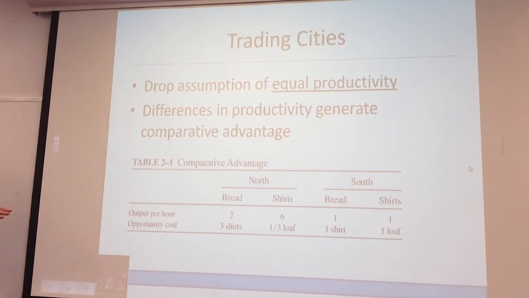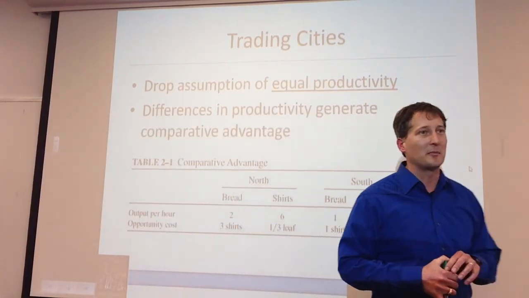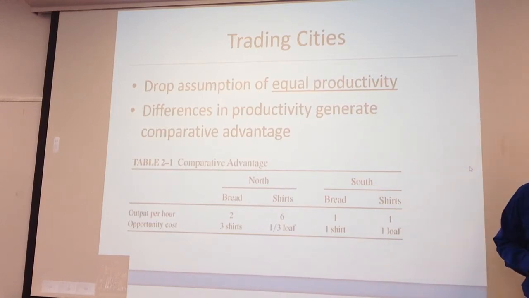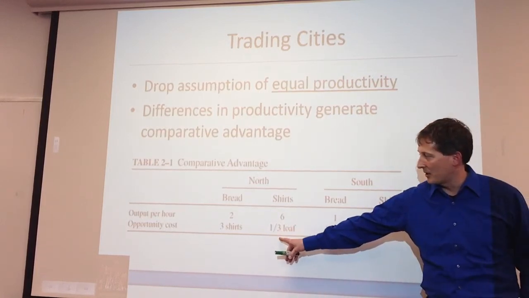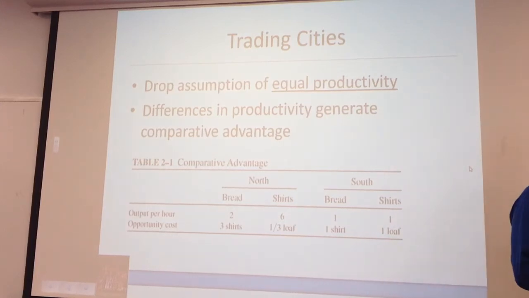The good news for the South is that that doesn't mean we're not still going to figure something out with them, because if we look at the comparative advantage, the opportunity cost, who's better at shirts in terms of what they have to give up? North.